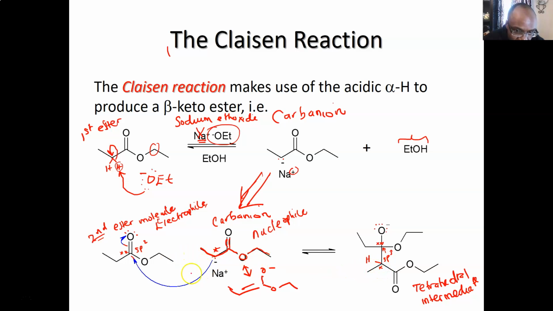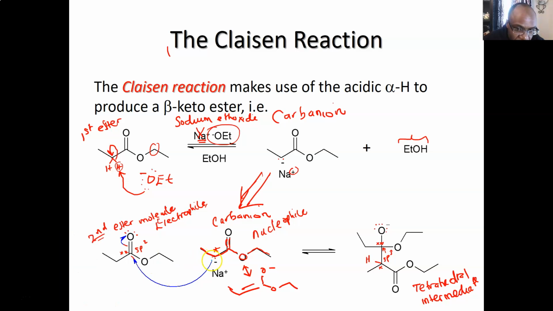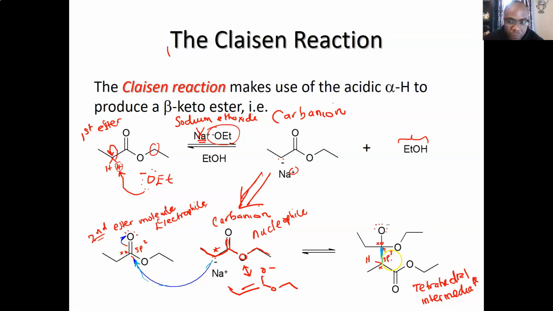So this blue bond, this blue arrow, is this bond in between. So you joined the red piece to this second molecule. That's your red piece that attacked the other carbonyl.